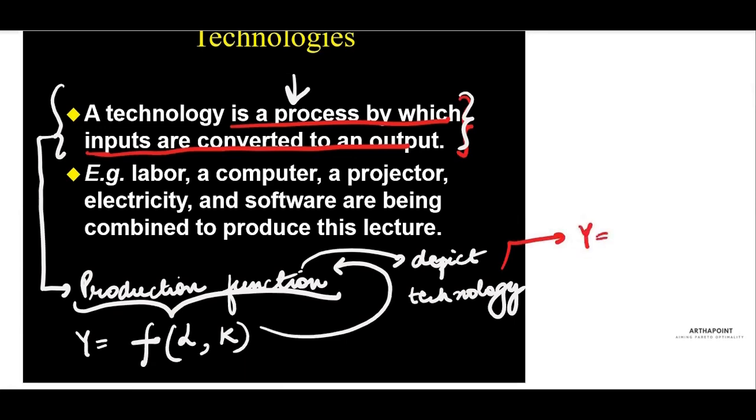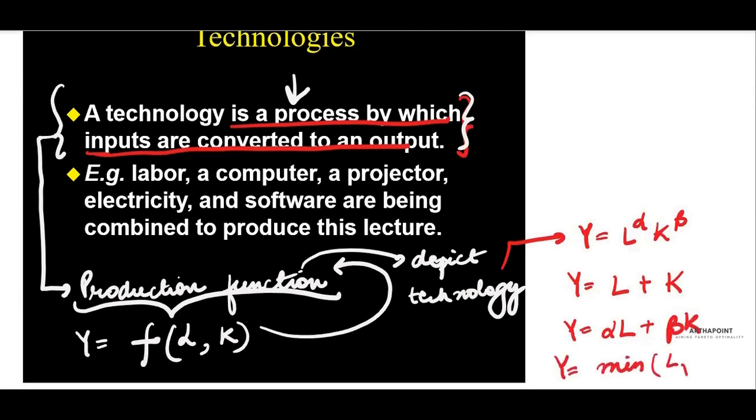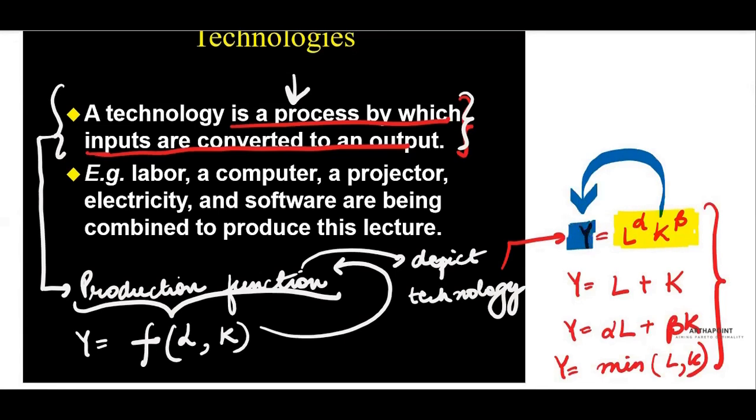My production function can be L to the power alpha, K to the power beta. It can be L plus K. It can be alpha L plus beta K. It can be min of L, K. All of these are mathematical formats using which I am able to depict my inputs, labor and capital, converting into output, which is this Y. That is what my production function is doing.